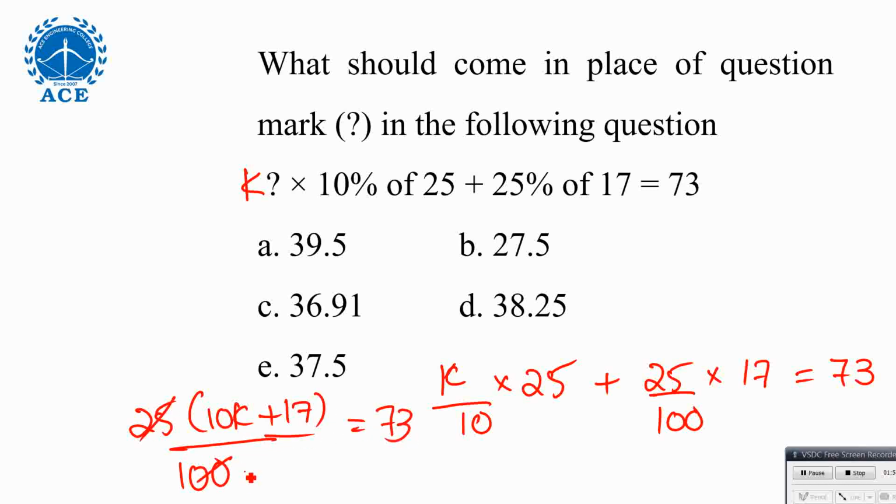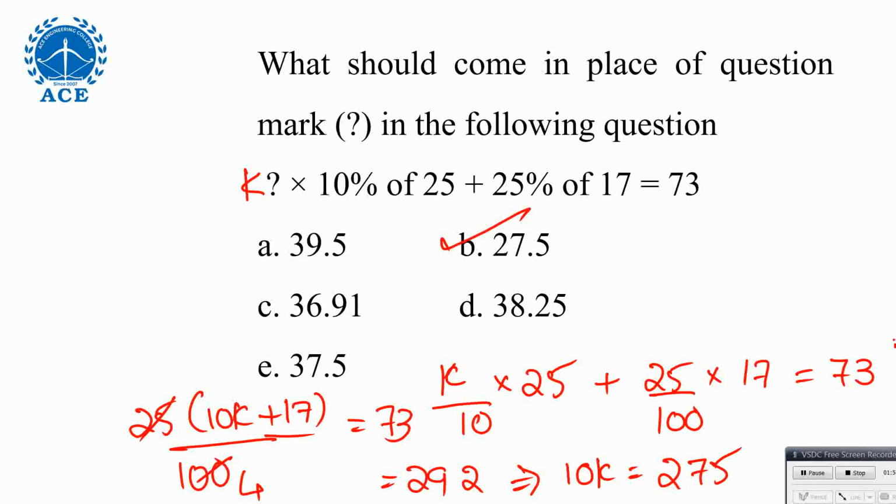This is 4 times you have to do. 73 multiplied by 4, 280 and 12, 292. From 292, 17 remove 292. Yeah. So 10K is 275. K is 27 point 5.